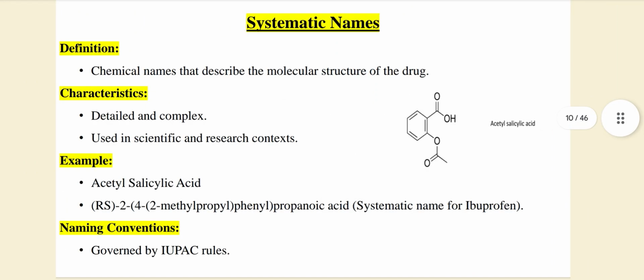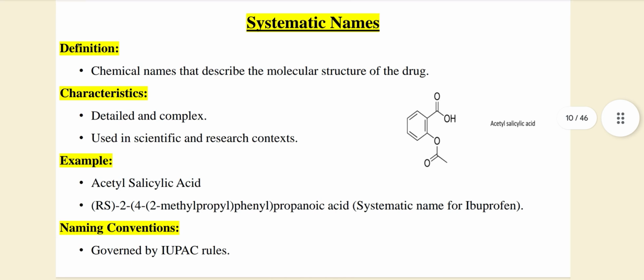The systematic name is defined as a chemical name that describes the molecular structure of the drug. Its characteristics are that it is detailed and complex, used in scientific and research contexts.